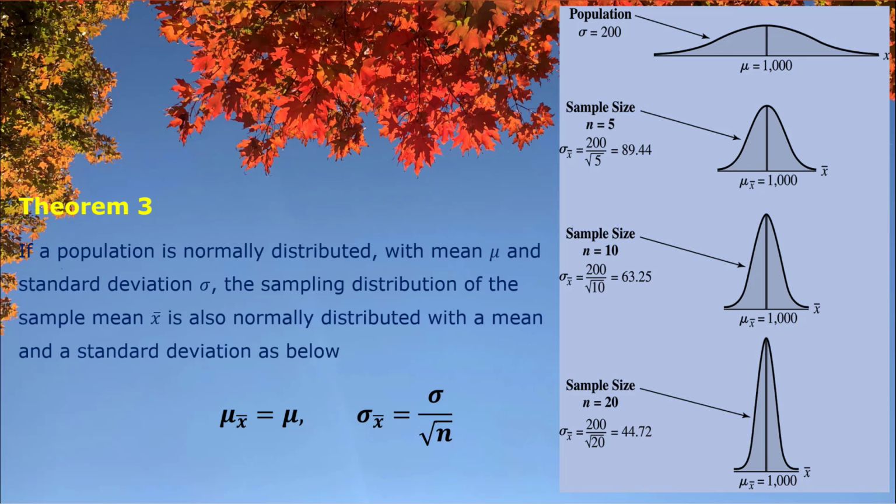Theorem 3: If a population is normally distributed with mean mu and standard deviation sigma, the sampling distribution of the sample mean x bar is also normally distributed with a mean and standard deviation as below.